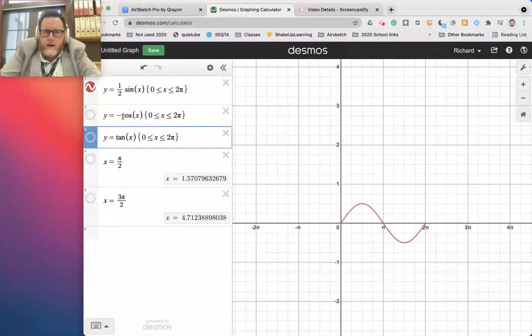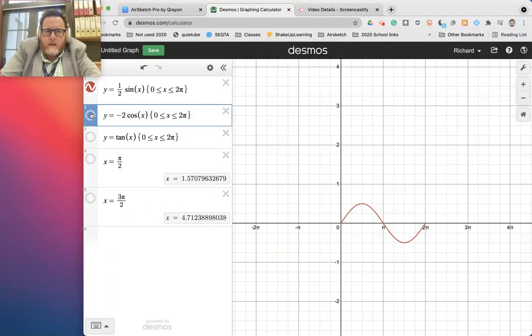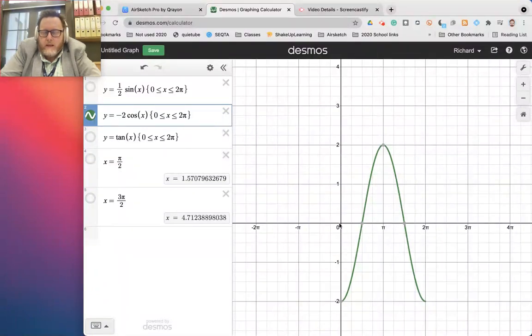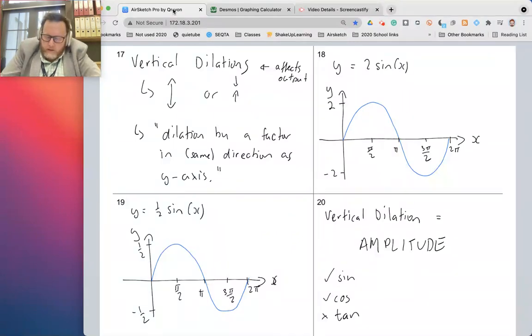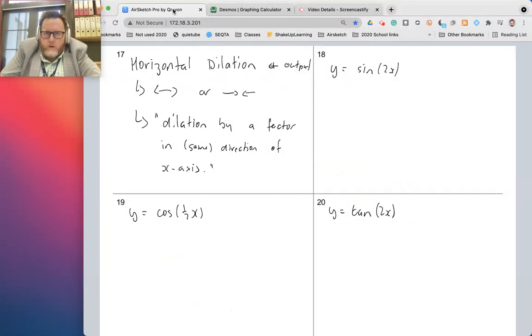Note that if I make it negative 2 cos x, like this one here, this has an amplitude of 2 because it goes from 2 to negative 2. So that's a total length of 4, which means that the amplitude is 2. So it has an amplitude of 2, not an amplitude of negative 2. So that number there denotes that a reflection has happened, plus there has been an amplitude change. Hope that makes sense.